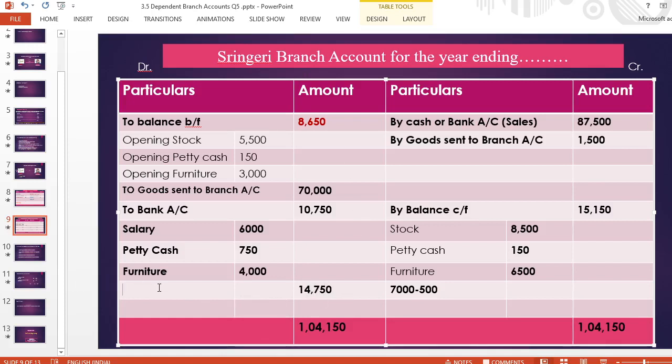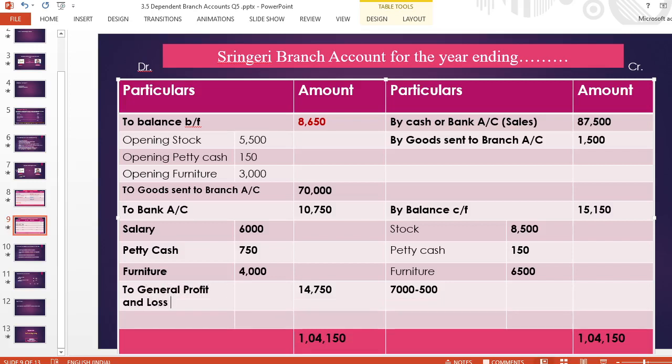So this represents profit, and this profit will be transferred to profit and loss account or to general profit and loss account. So this represents the profit from Sringeri branch. Hope you understood the preparation of branch account.